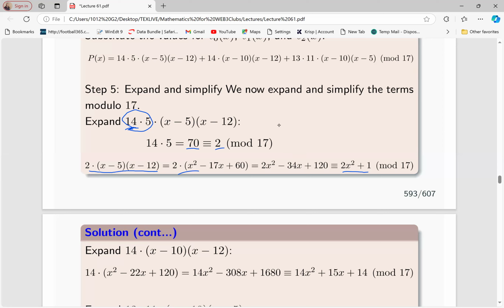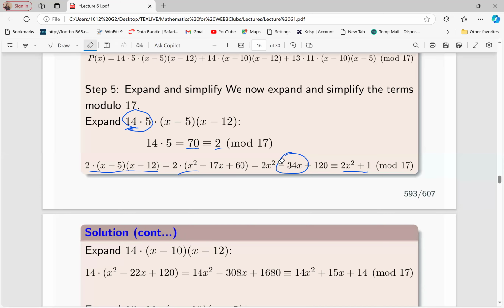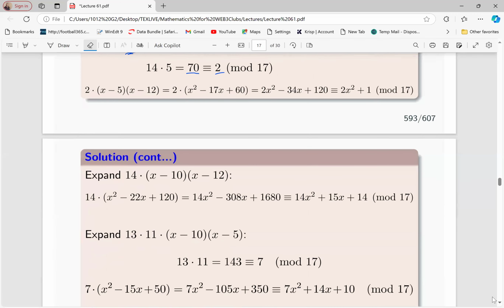This one becomes 0. Negative 34 mod 17: 17 goes there negative 2 times, and the remainder is 0. Now for this L1 of x, this is what I expanded, then I come to this.